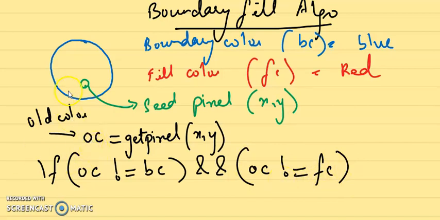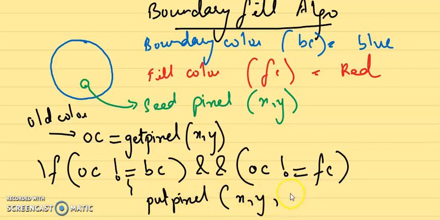If the old color, that means the color of this particular pixel, is not equal to the boundary color and the old color is not equal to the fill color, then I am going to fill this up with the desired color. So then what am I going to do? Then I am going to do a putPixel at location x, y with which color? With the desired fill color.